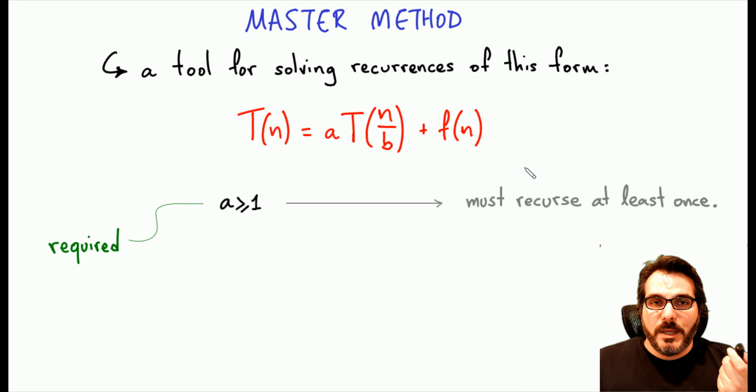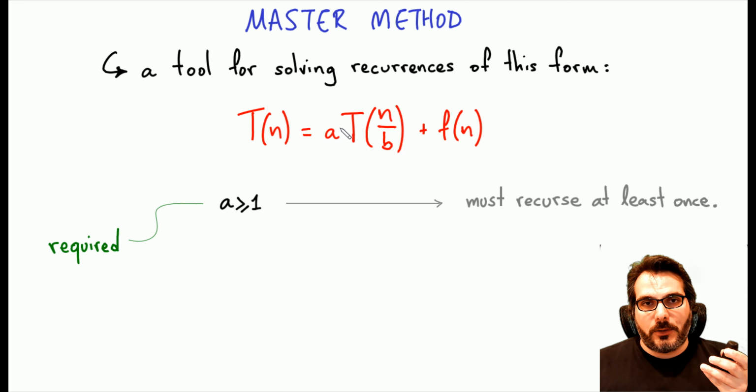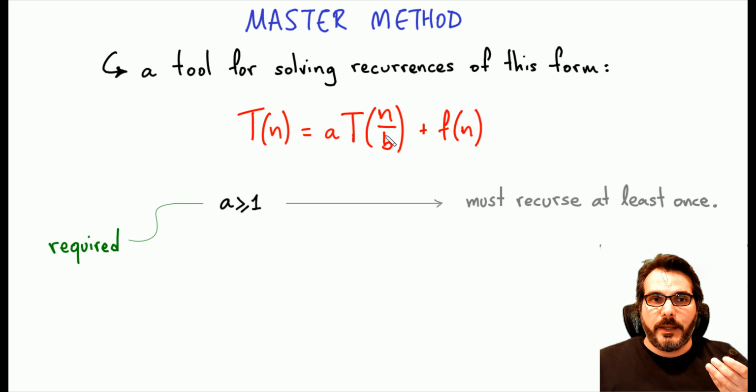What do I mean by this? If a is not 1 or greater, it means you cannot do recursion. To recurse, a at least needs to be 1, because you branch from the root, and then you will have a branches. If a is 0, you will not be able to recurse.